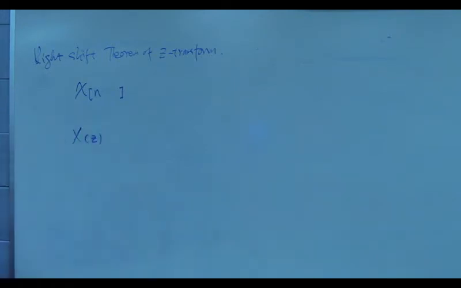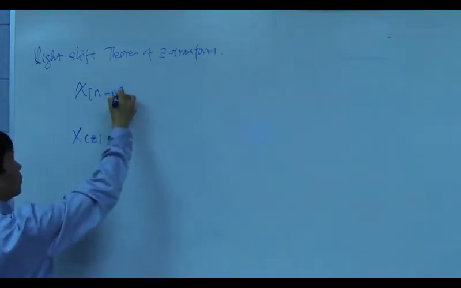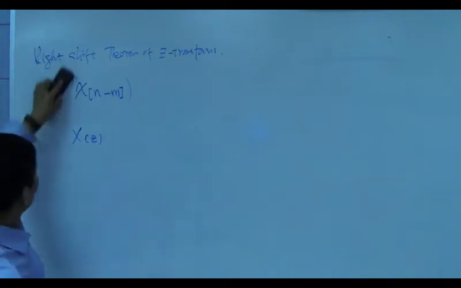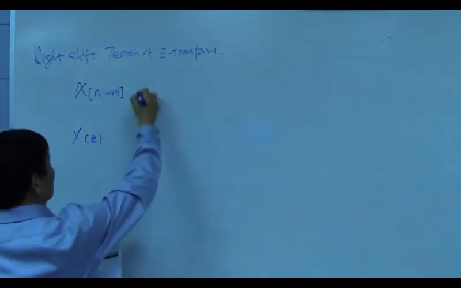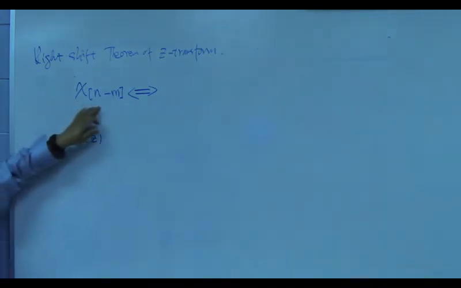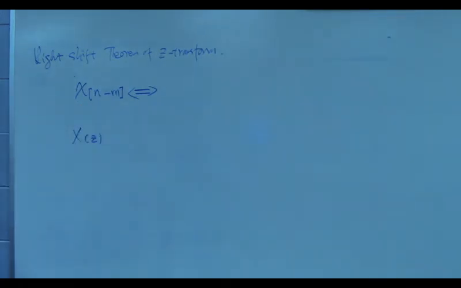Now, if we shift this by m time steps, then we want to find the Z transform of this. The Z transform of this one is related to X(z) as follows.